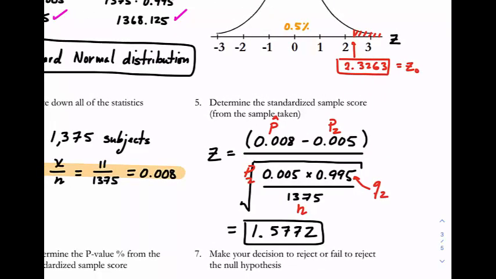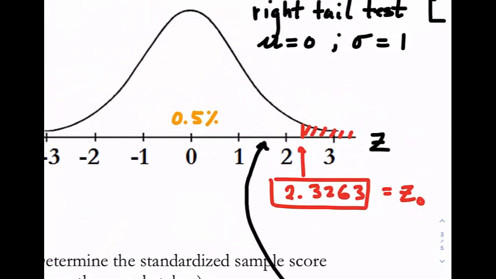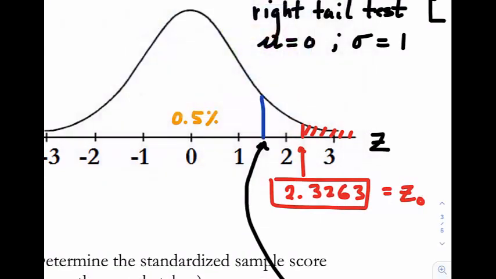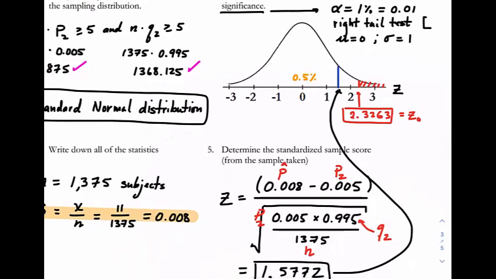Is that significant enough to reject the claim? We'll go and look here. It's about halfway between 1 and 2. At that point, that's not enough for significance. It's not in the rejection region. Therefore, the 0.008 or 0.8% is not any different than the 0.5%.